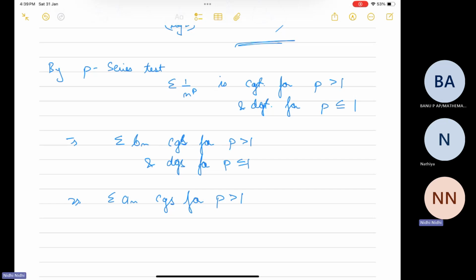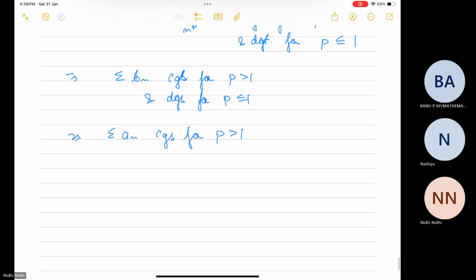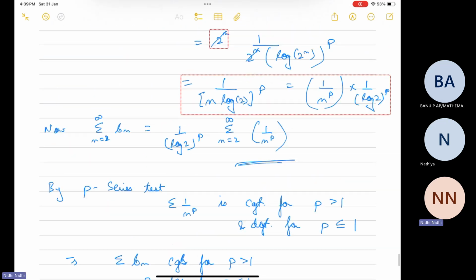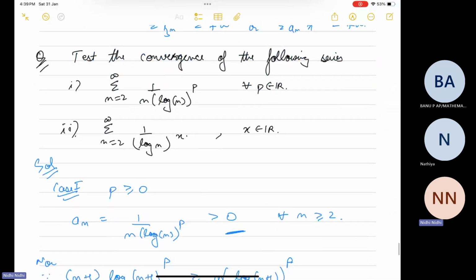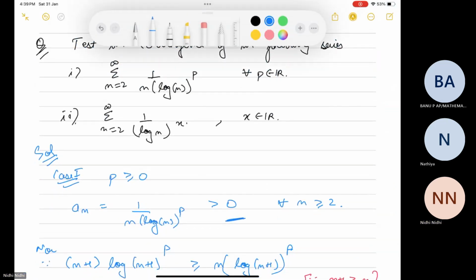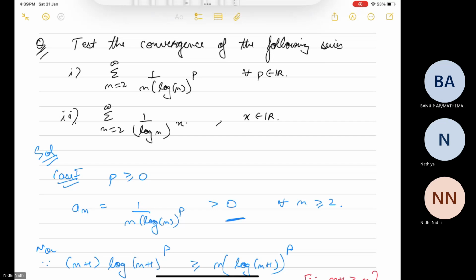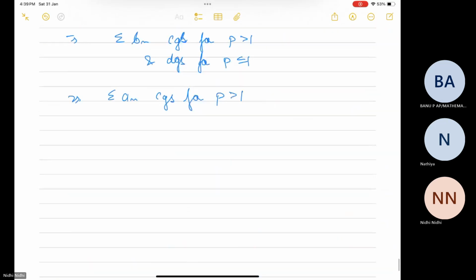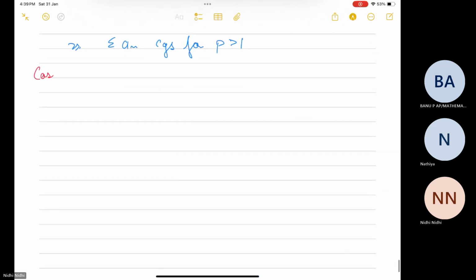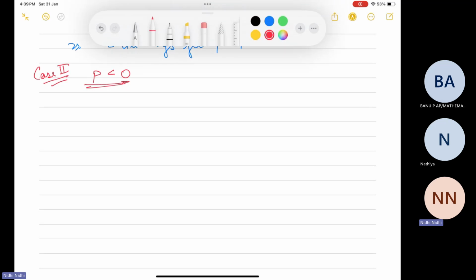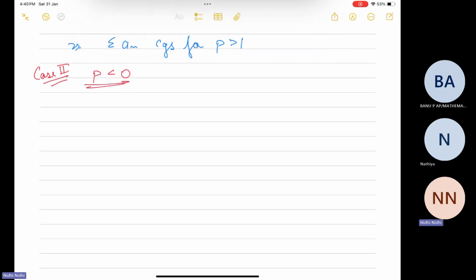Now next case would be p less than 0. Case 2, p strictly less than 0. So in this case, what will be our an?